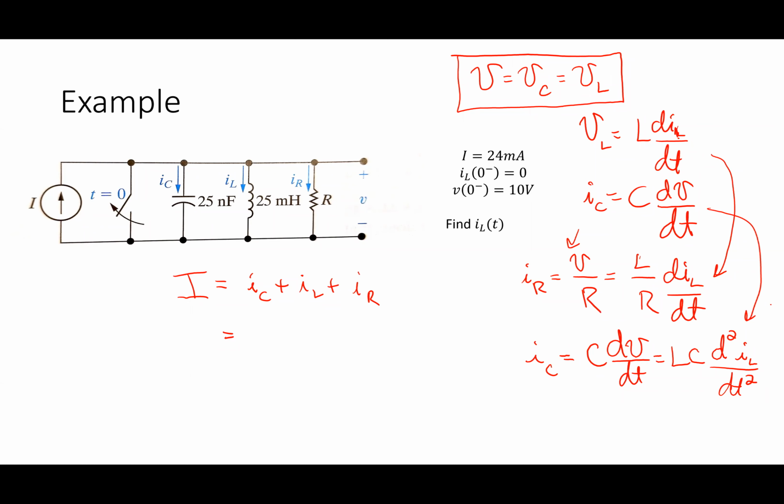C dV/dt means C times the derivative of voltage, and we know what the voltage is, so we just took the derivative of that expression. That's right. If you think about it this way, it's C times d/dt of the voltage. You plug in there L dIL/dt. When you take the derivative of that, it's the second derivative, right?